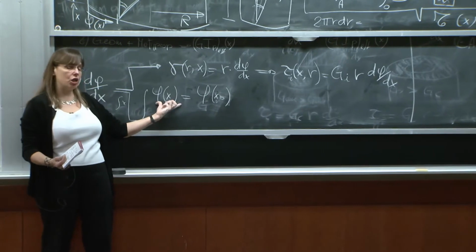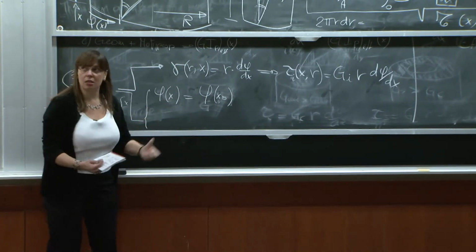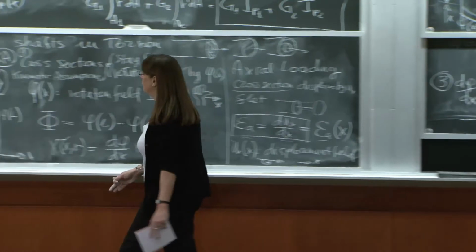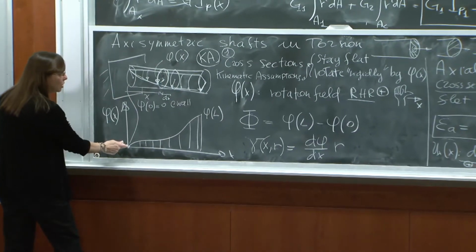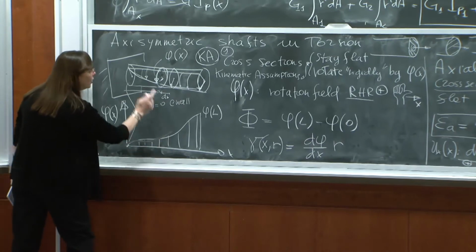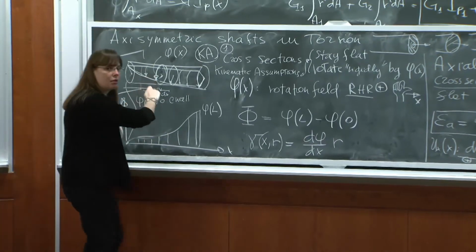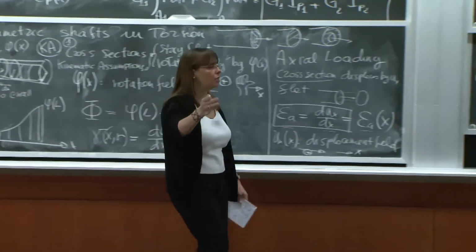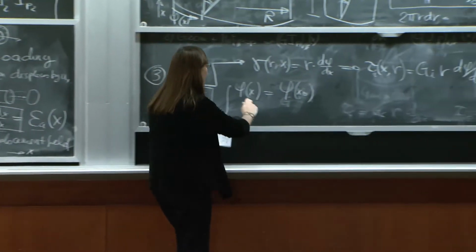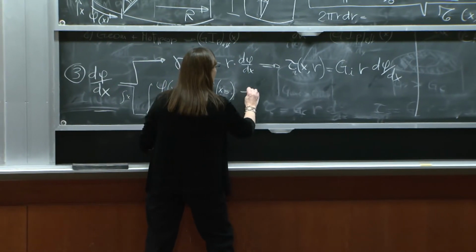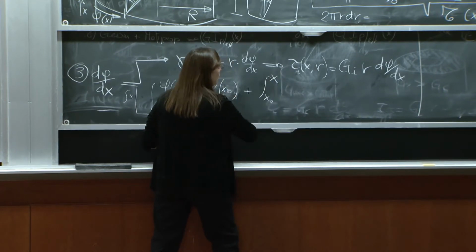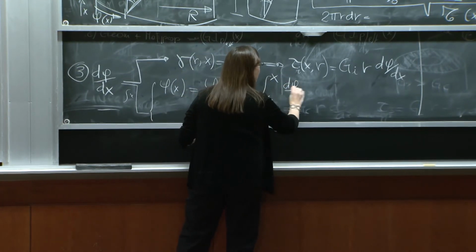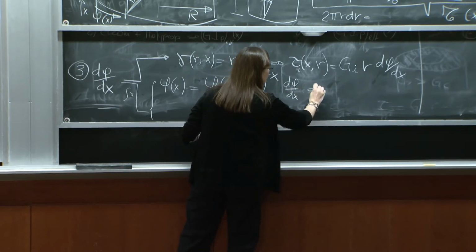So what is the rotation angle at any position x? What is phi of x? It's going to be phi of 0 plus the integral of d phi dx from 0 to x. The same way as u of x was the integral of du dx. So phi of x is phi of x0 plus the integral from where you know things to where you want it of d phi dx in dx.